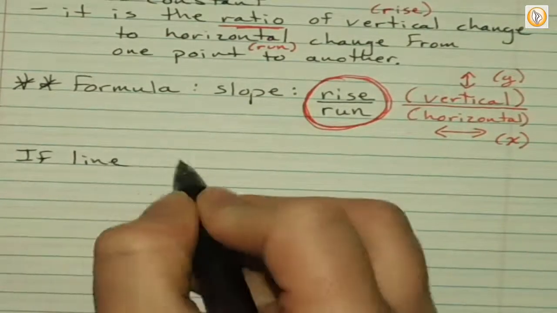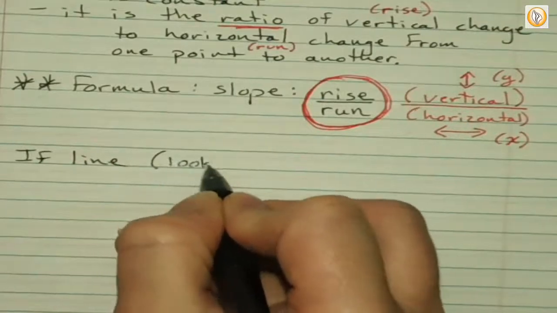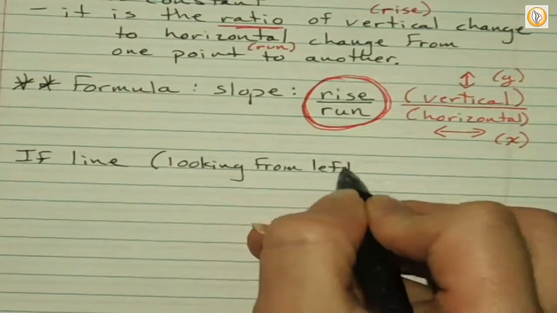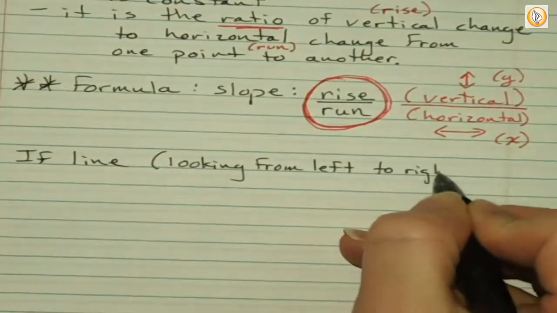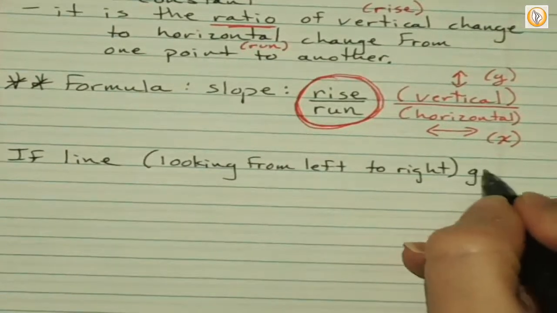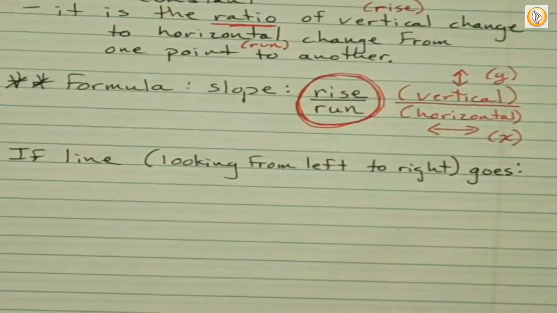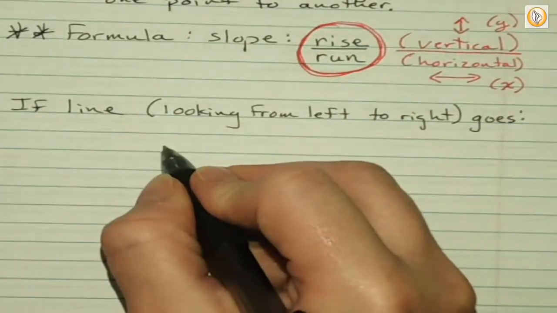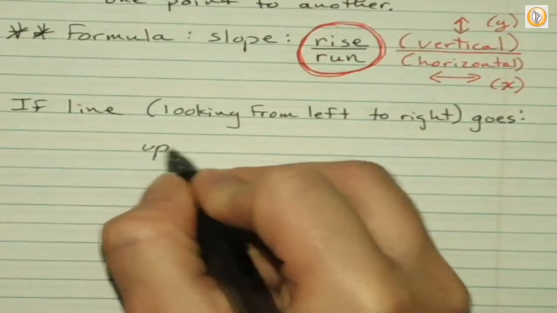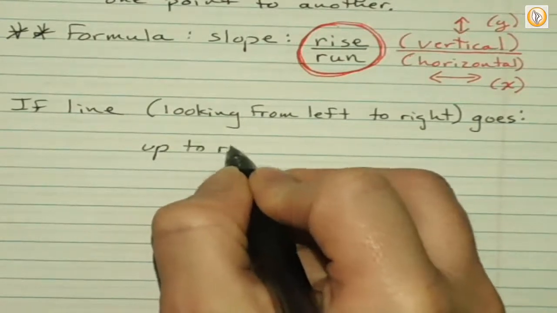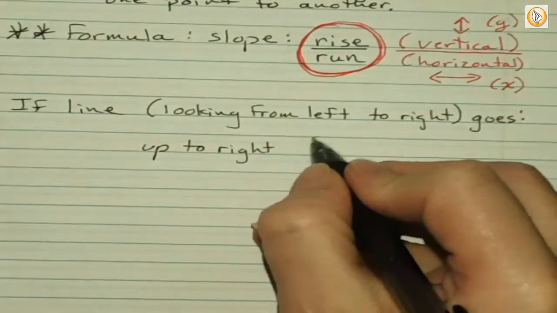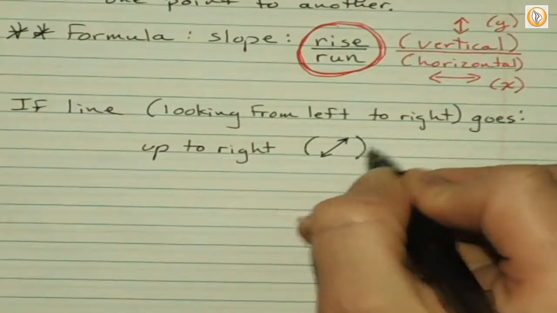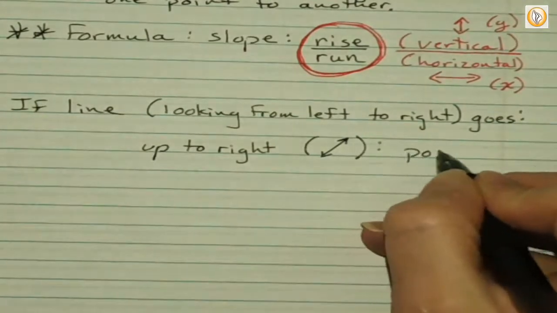If you're looking from left to right, and the line goes up to the right, if your line looks like this, the slope is positive.